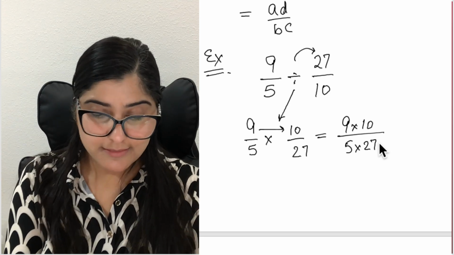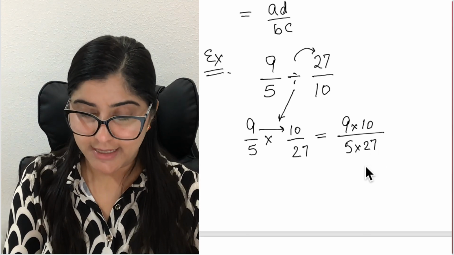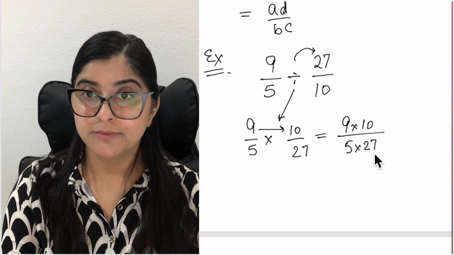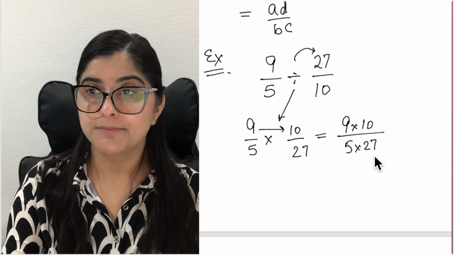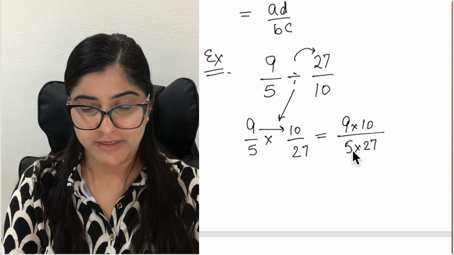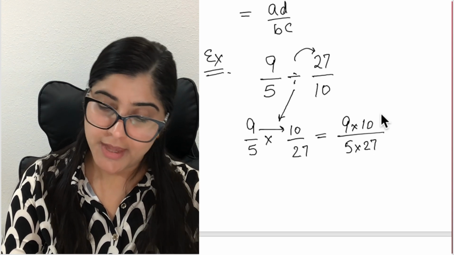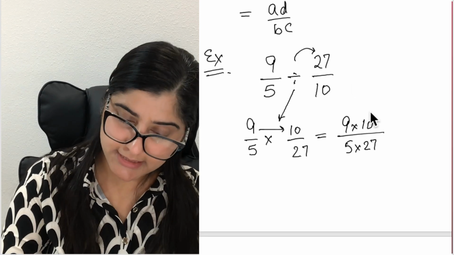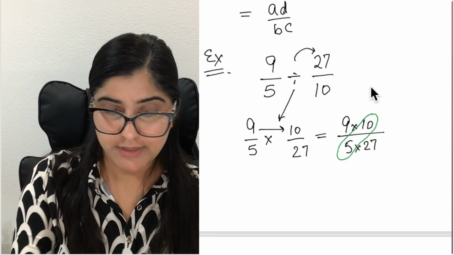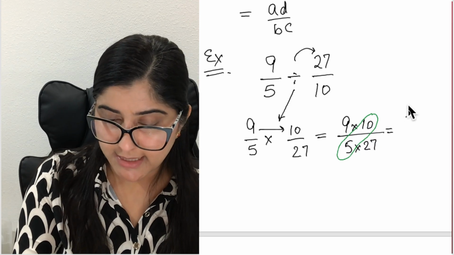There is another reason why I write this like that: after multiplying we get a big number, so we can do the simplification before we do the multiplication. We write 5 times 27, and we see that 5 and 10 both have one factor common, 5, right?